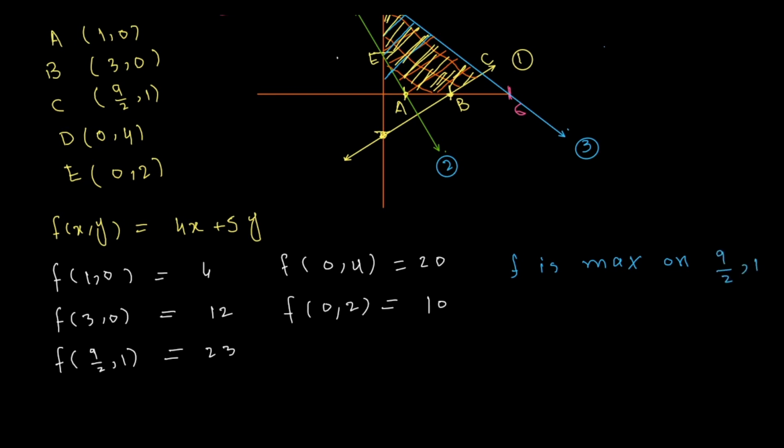And f is minimum, the lowest value is 4, therefore the point is 1 comma 0. Okay, now there were two functions, not only one function.